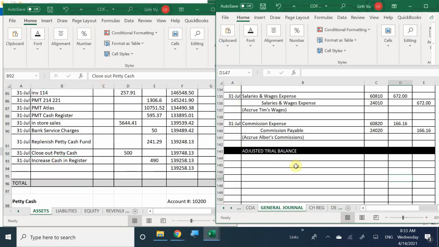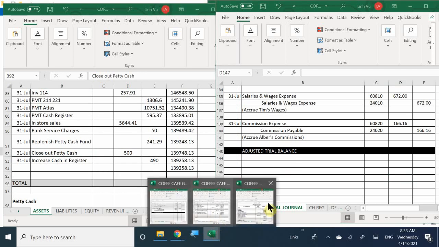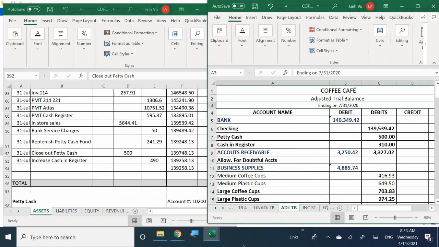So let's go back to our financial statements and let's go ahead and update each account. Now, again, some of these formulas or equal sums have to be adjusted because we're re-adding a few things.